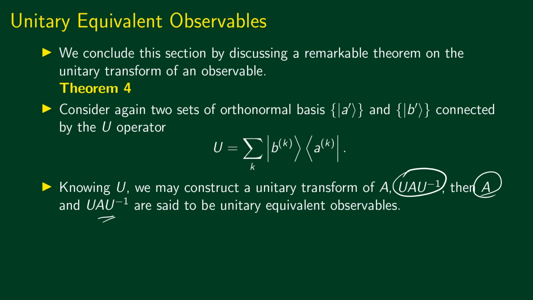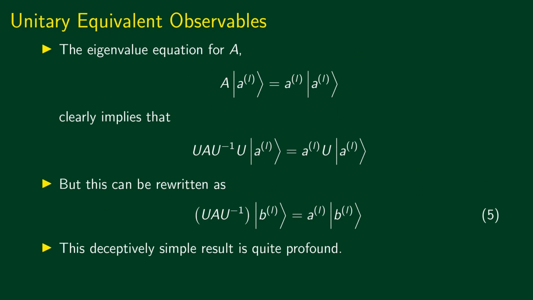Let's see what this means. We start with the eigenvalue equation for A: A acting on ket a_l is equal to a_l multiplied by ket a_l. Let's apply the unitary transformation that we just defined.